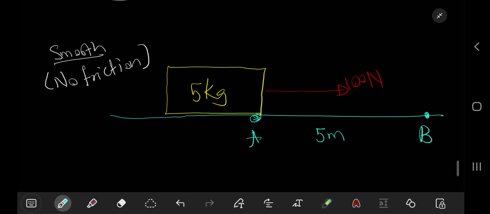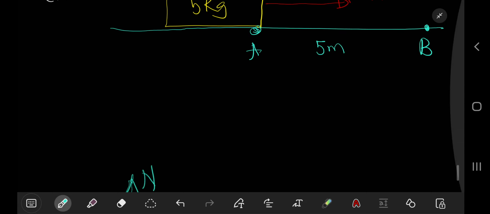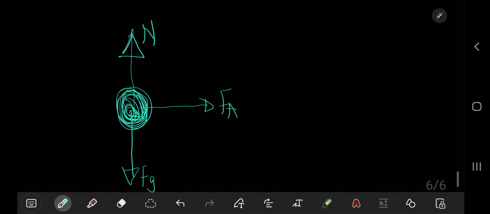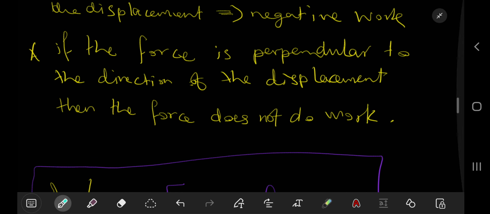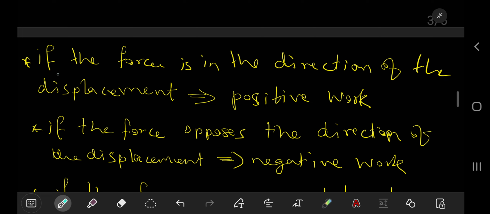So this object moves from point A to point B, and we want to identify the forces doing work and those not doing work. According to our rules from the revision, if a force is in the direction of the displacement, it does positive work.